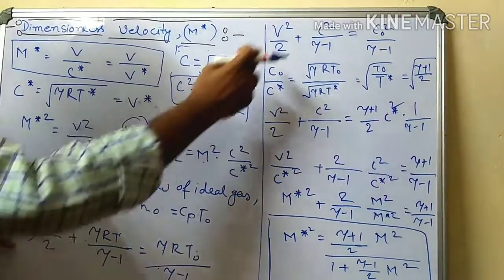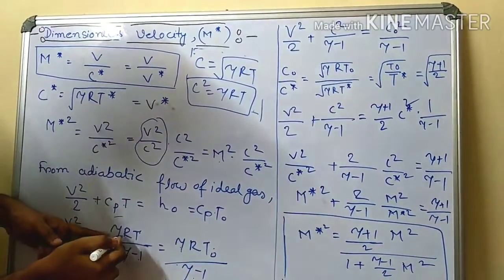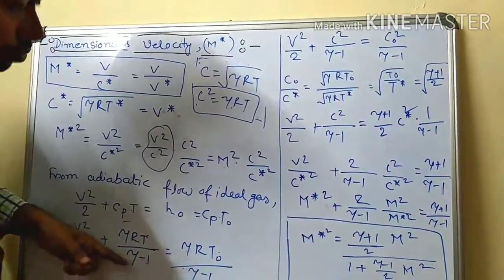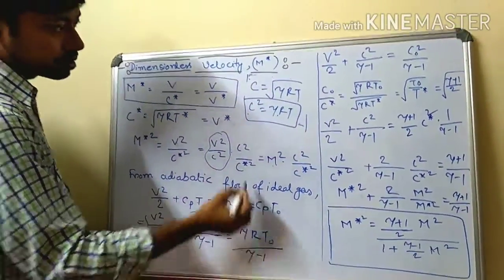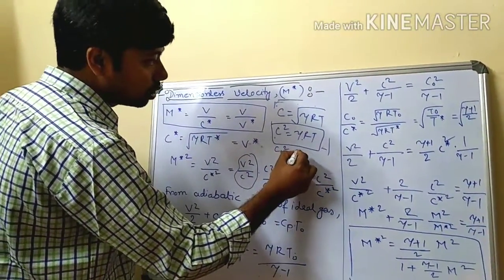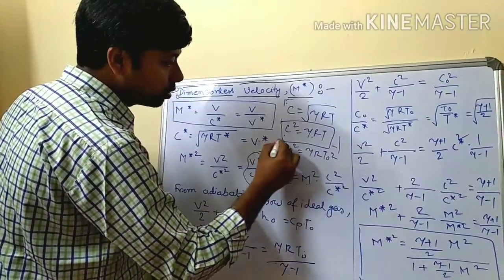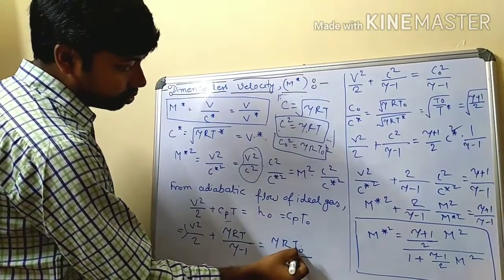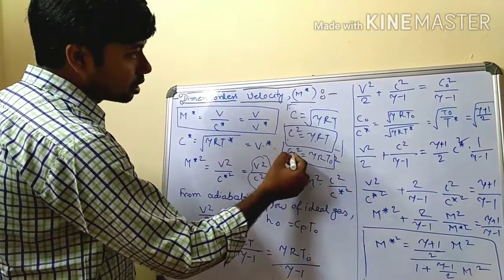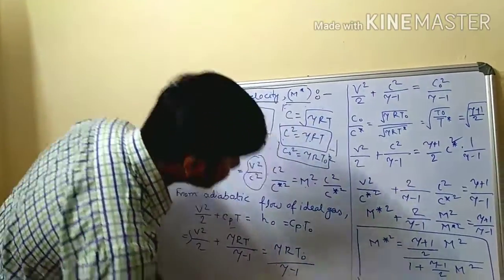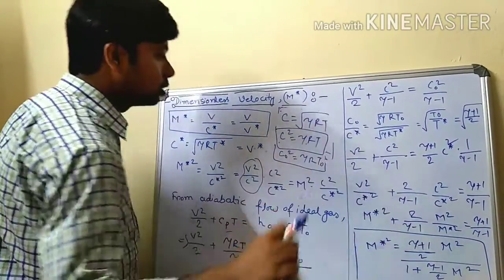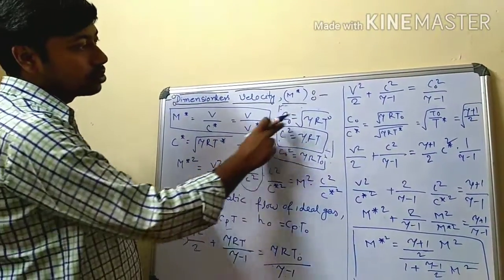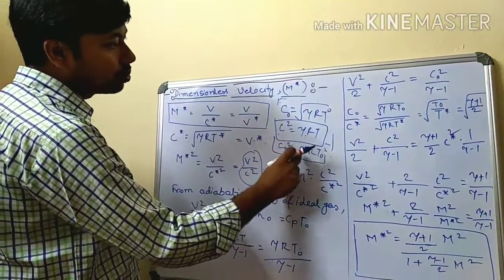So V square by 2 plus C square divided by gamma minus 1 is equal to, in a similar fashion, C0 square is equal to gamma RT0, so gamma RT0 is also written as C0 square, because C0 is equal to under root of gamma RT0. So in terms of C0, it will be gamma RT0.